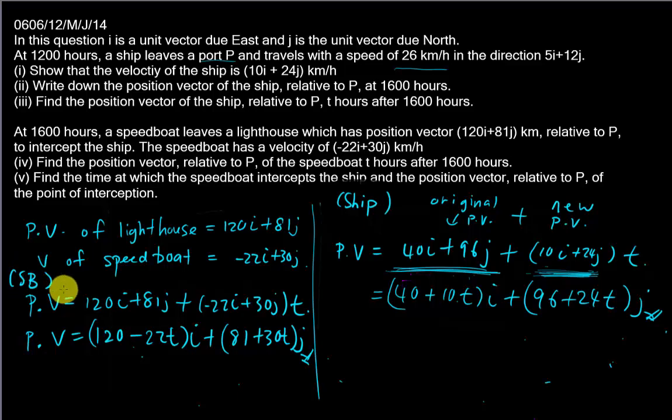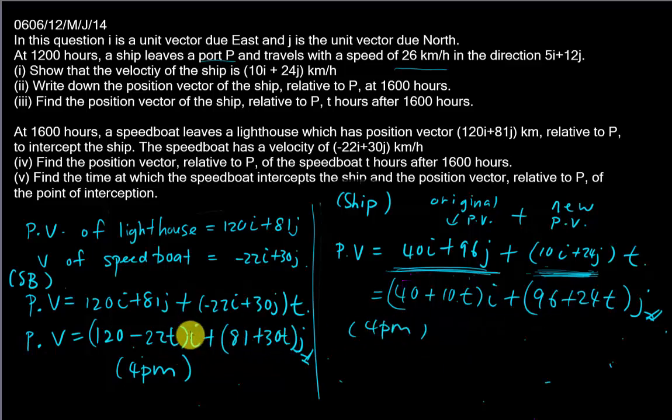What is the meaning of this? If you get this kind of position vector, it is very useful because whenever the time changes, you just insert it into t. But remember, this position vector starts calculating from 1600, which means 4 p.m., and both are 4 p.m. The good thing is both position vectors are formed using 4 p.m. That means if I add 1 hour for both, the t will be the same.